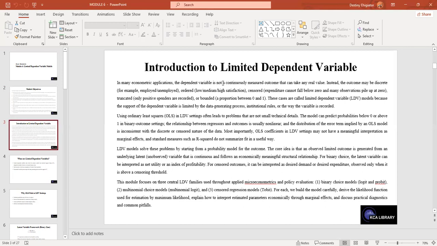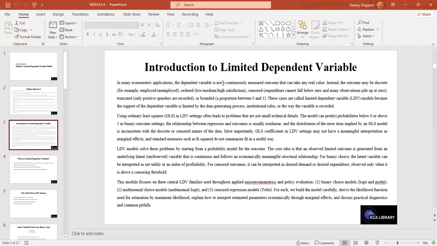It may be censored: expenditure cannot fall below zero, and many observations pile up at zero. Truncated, that is, only positive spenders are recorded. Bounded, a proportion between 0 and 1. These cases are called limited dependent variable models because the support of the dependent variable is limited by the data generating process, institutional rules, and the way the variable is recorded.